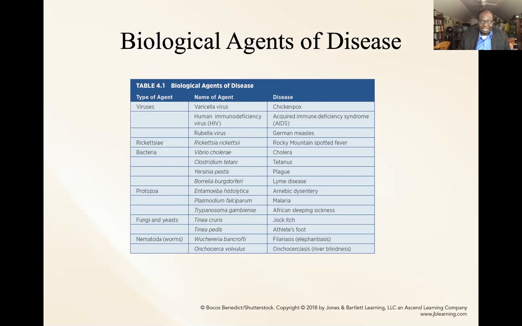Then you have Lyme disease. So these are all forms of the agents you see here: the name of the agent, and the disease. You have protozoa. You have amoebic dysentery. You have the plasmodium.